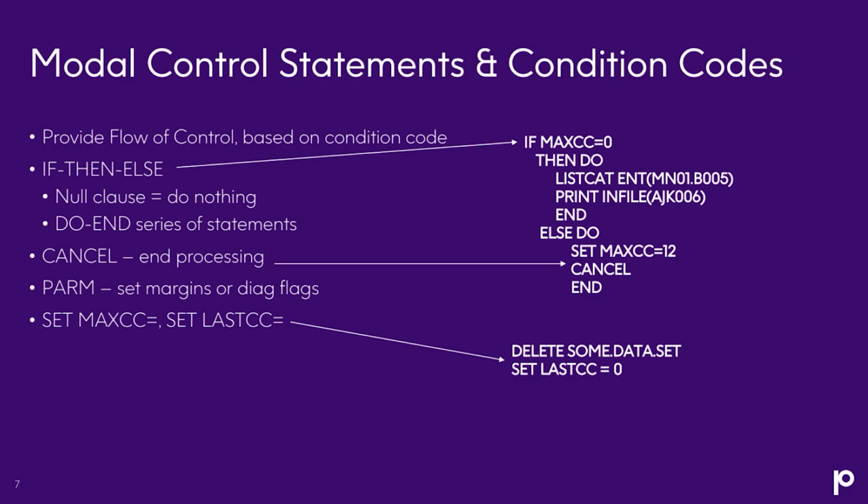So if I attempt to delete the data set, it fails because the data set's already been deleted. Then I can override the non-zero return code I would get by saying set the last condition code to 0.